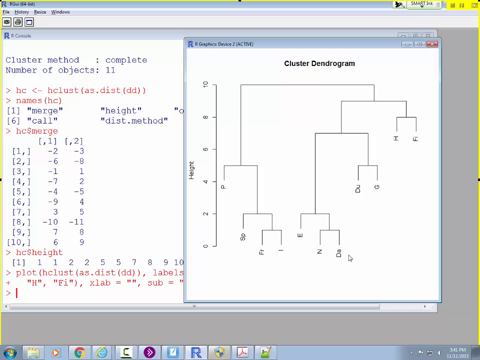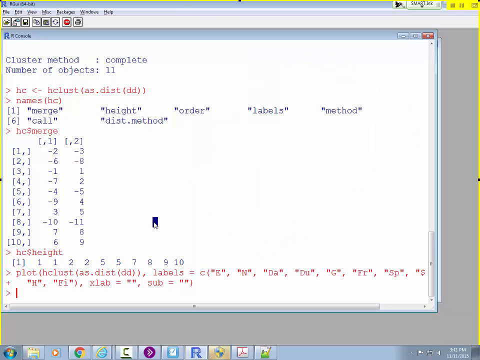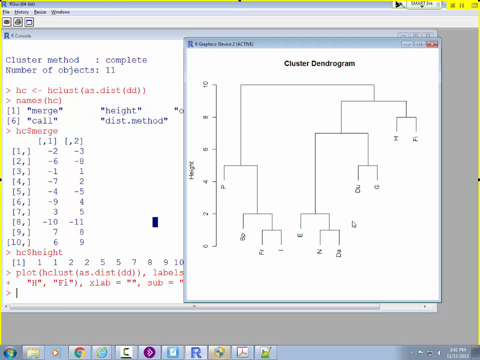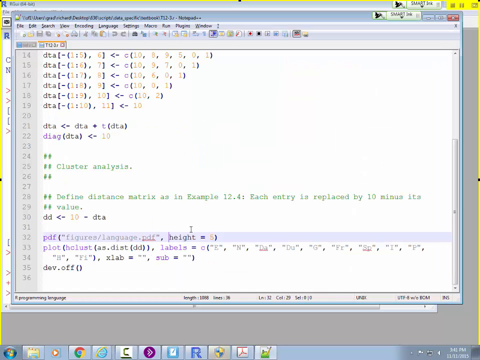Okay, so what happened in the algorithm itself? We have not a whole lot of time. So let's see. I'm going to show you how you can change the linkage real quick.